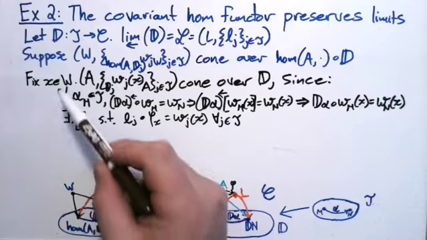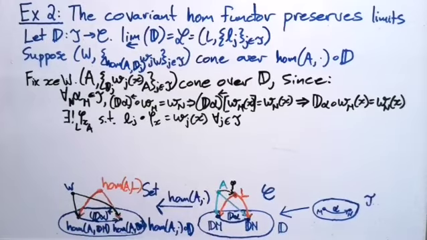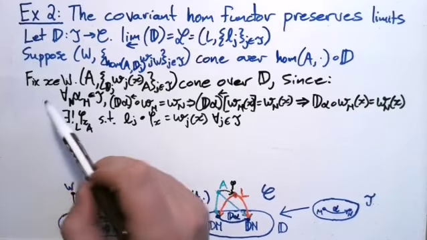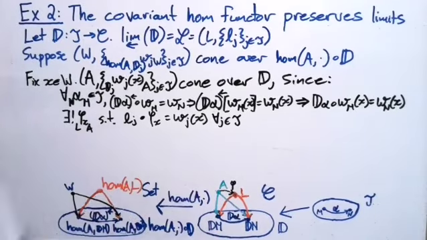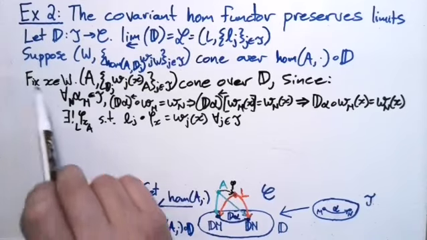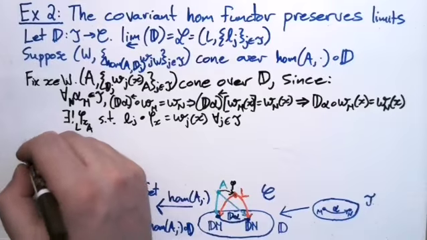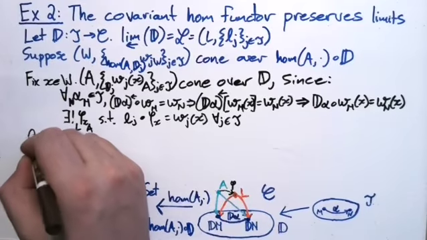But since for each x there's a unique morphism, that means we can define a function, right? A function that takes in an input x in W and outputs some morphism going from A to L assigned to that x, right? So maybe we'll call it theta.